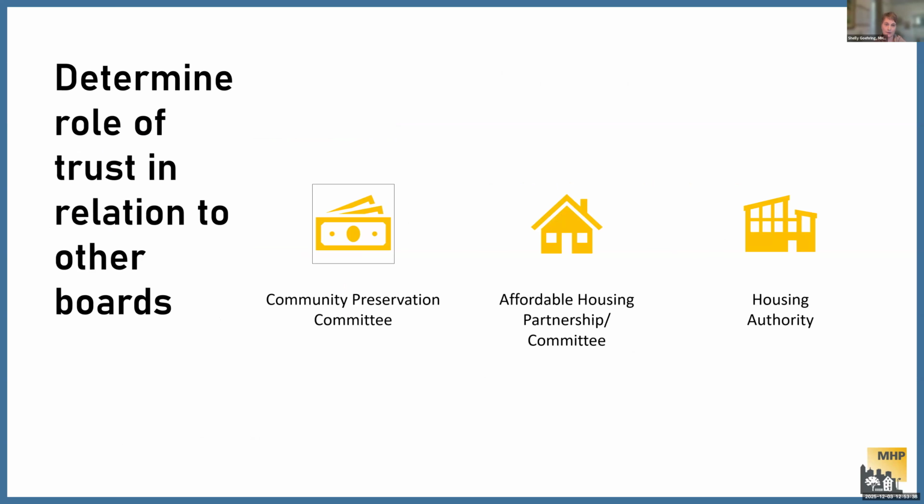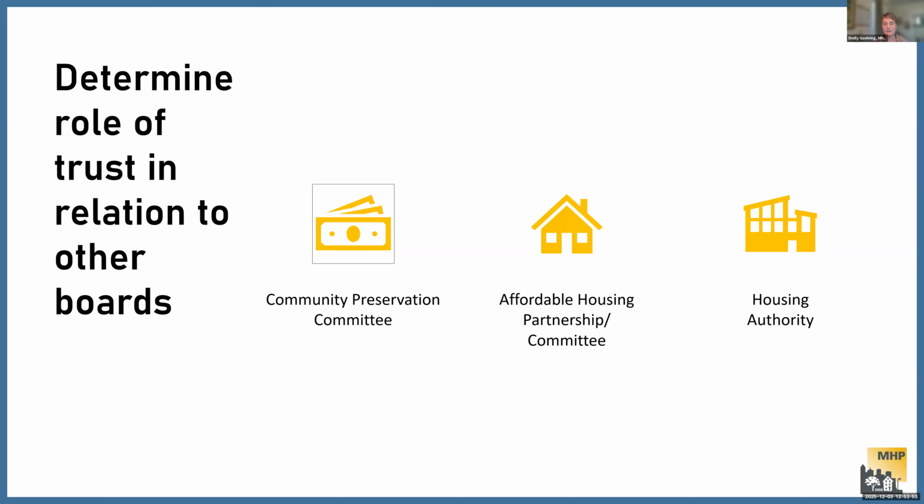And then another thing we could help with through intensive TA, and we did this with one community, is helping the trust. In the particular case that I'm thinking of, it was a new trust, but they already had a housing authority and they already had an affordable housing committee.